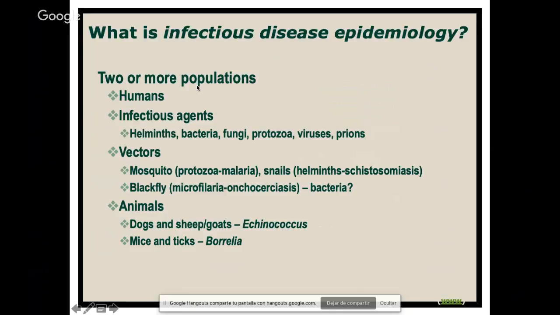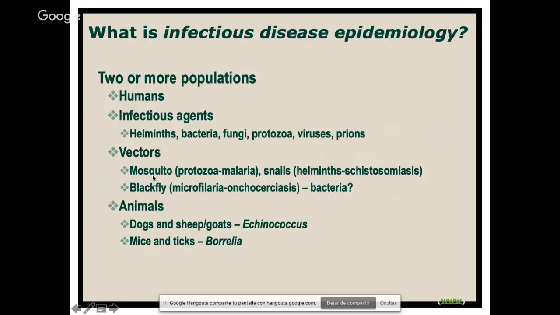So what are these populations? First the humans, then the infectious agents like helminths, bacteria, fungi, protozoa, viruses, and prions. You may remember this from previous classes.